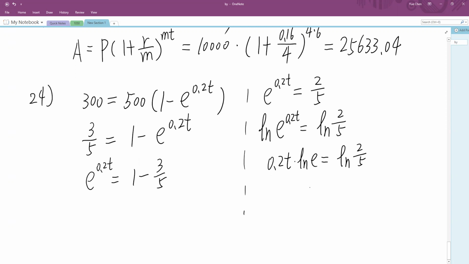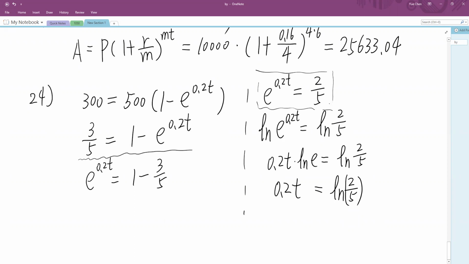So this one would be negative 0.2t equals natural log of 2 over 5. This problem is a little more complicated than the ones we have solved, because there is an extra number here, but you can still continue to simplify to the form we are interested in. If you have this kind of form, then you can take the natural log on both sides. So t equals natural log of 2 over 5 divided by negative 0.2.